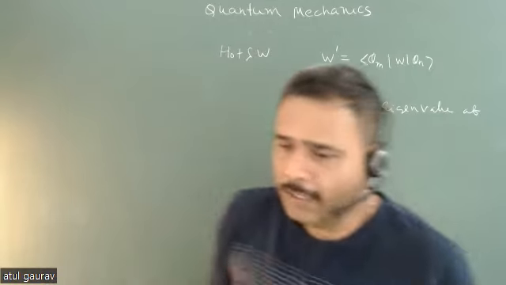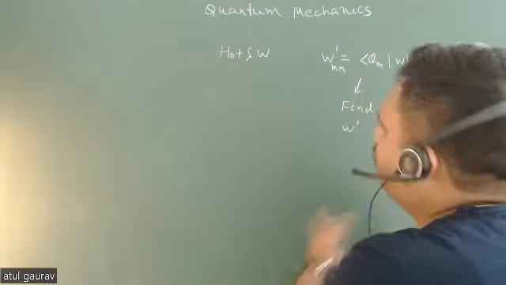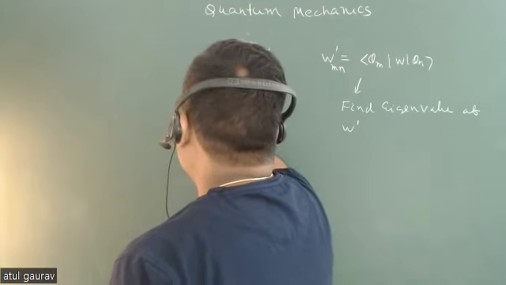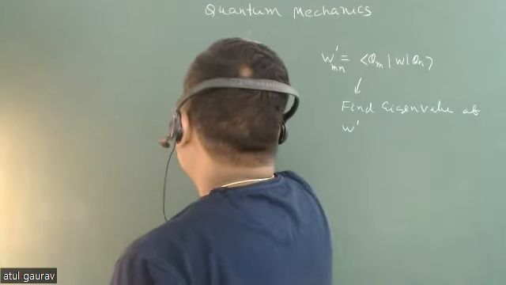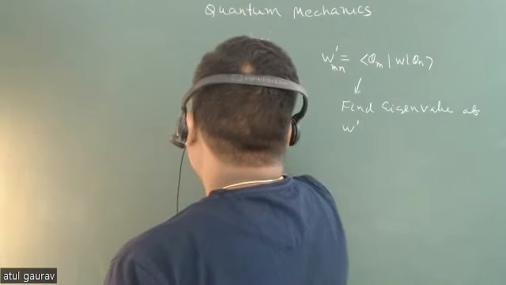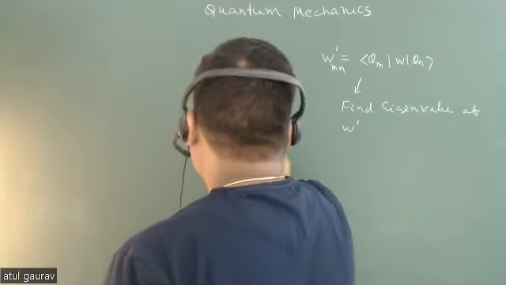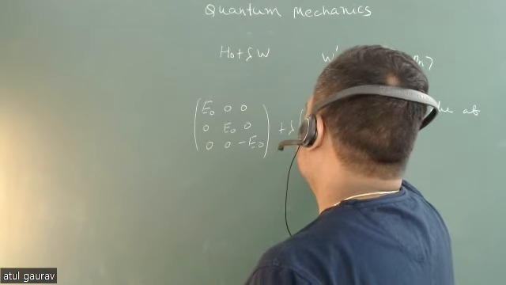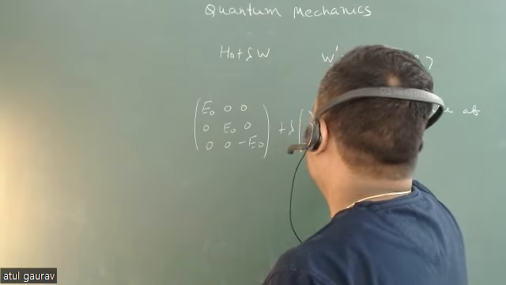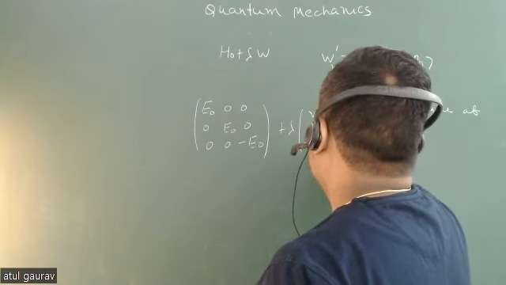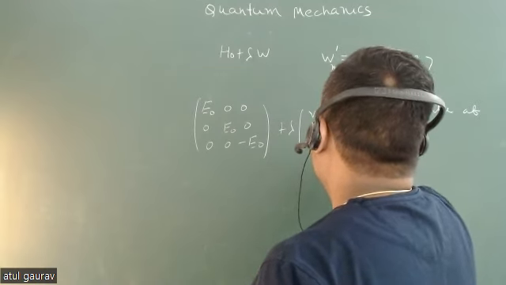So obviously you have to go for this. Suppose you have this type of H0: 0 0 0, E naught 0 0, 0 minus E naught, and you have lambda W, where W is equal to, let's say, V naught 0 0, 0 V naught V naught, 0 V naught V naught.